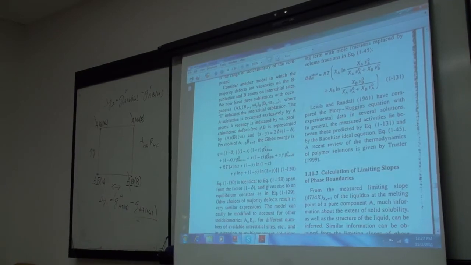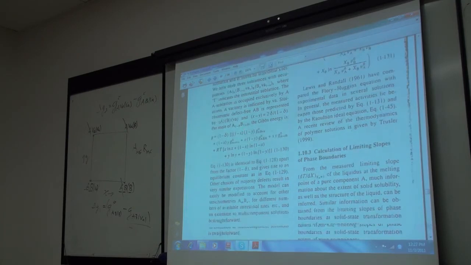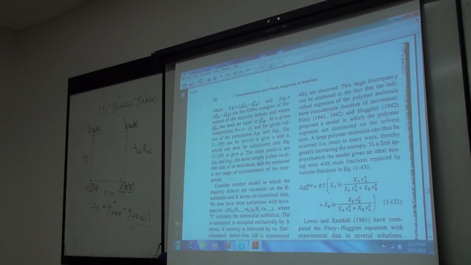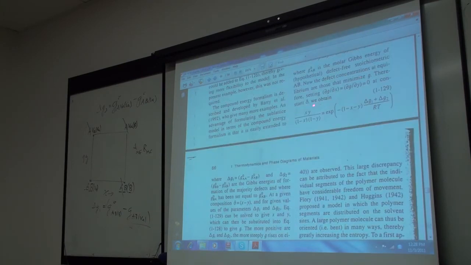If you minimize it, so you take the same equation here. You take the compound energy formalism, you set dG/dx equals dG/dy equals 0 to get the equilibrium values, as we did before, and you end up with an equilibrium constant that's almost exactly like this.